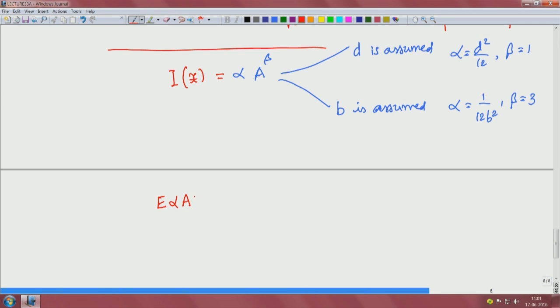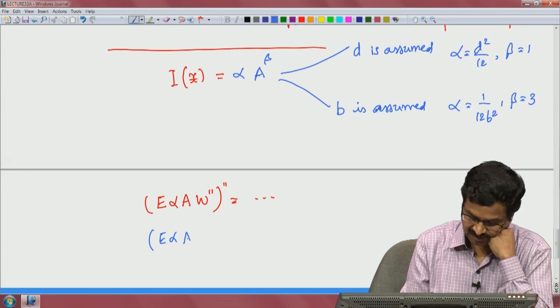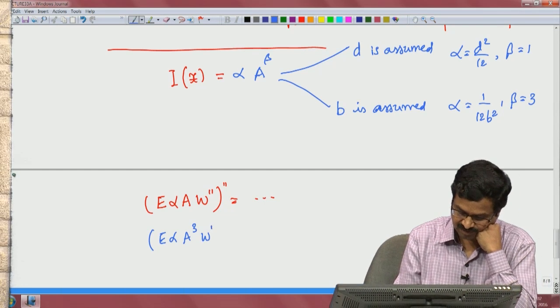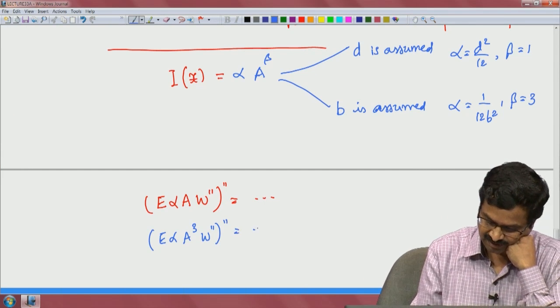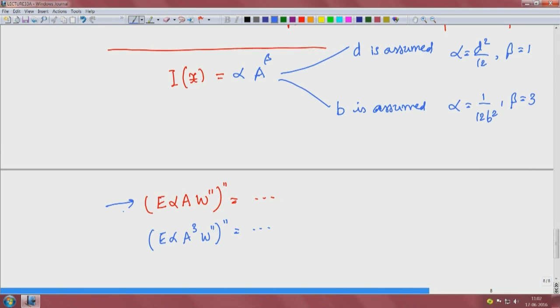Imagine that we had to expand this term, that is we had E alpha A W double prime, which we expanded earlier, right. Now, that becomes E alpha A cube W double prime. So, expanding this will be much easier than expanding this and doing the calculation. Now, you see A cube is there, beta equal to 3, it will become a lot more terms, but that can be done.